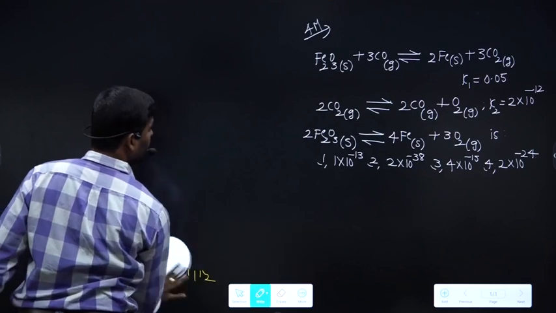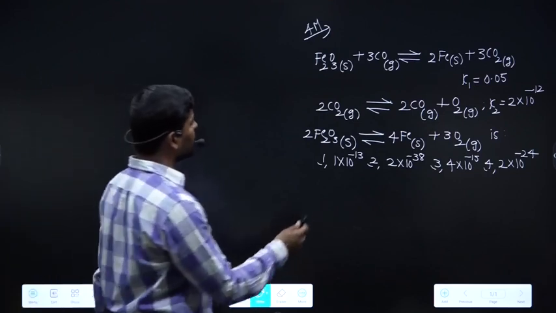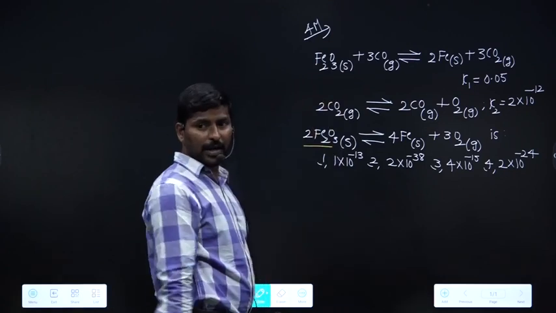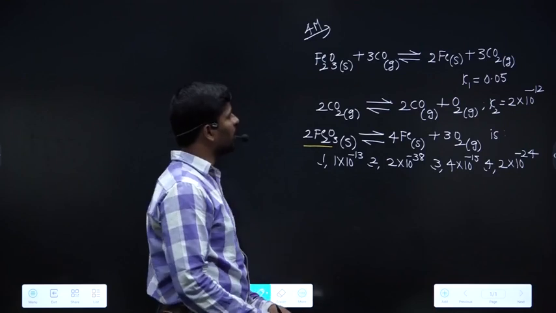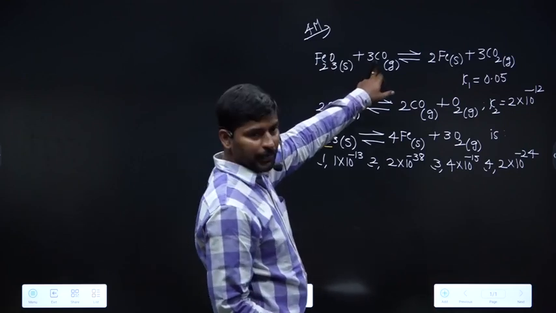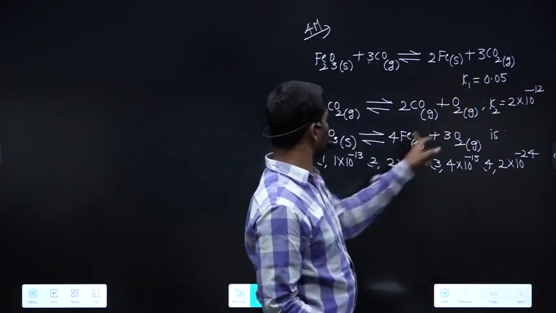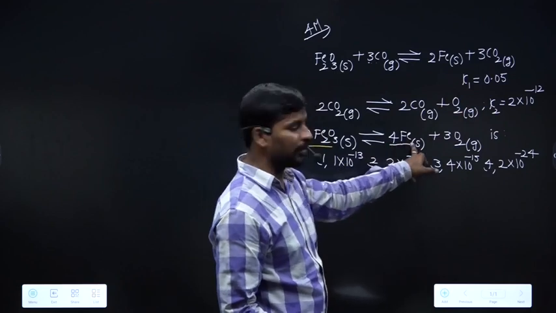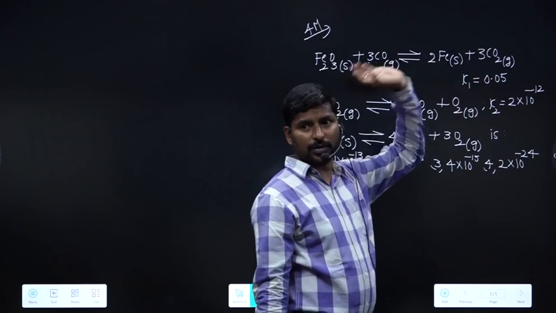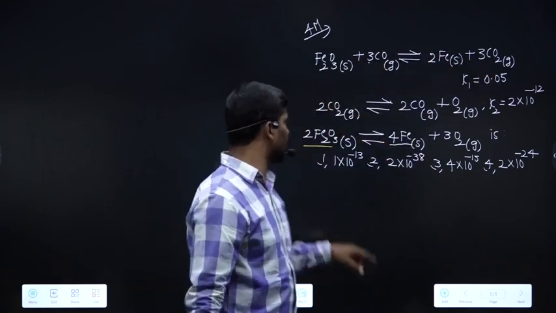In our required equation, how many moles of Fe2O3 are there? 2 moles of Fe2O3. That means we have to multiply equation 1 by 2. If you multiply equation 1 by 2, here we are getting 6 CO, 4 moles of iron, and 6 moles of CO2.